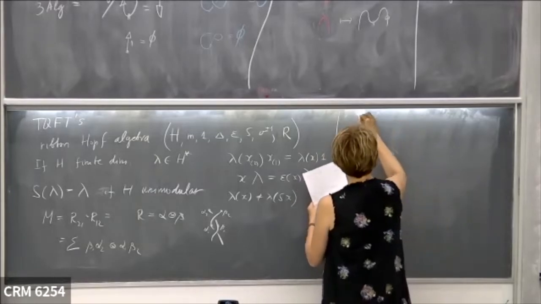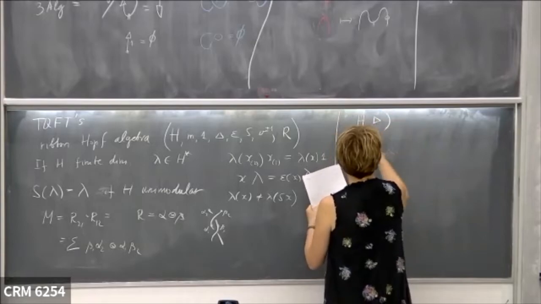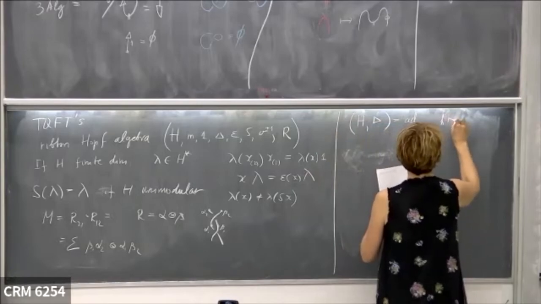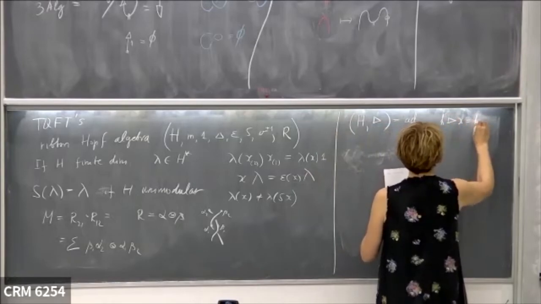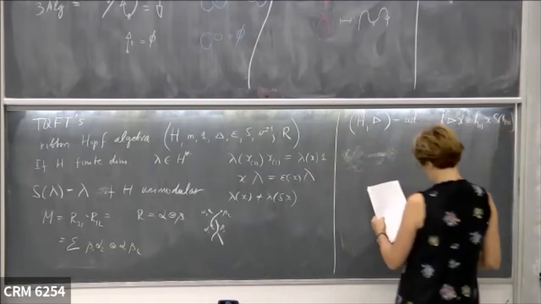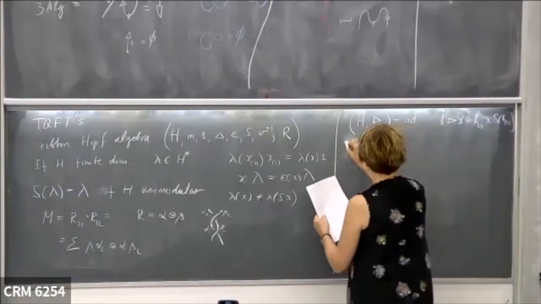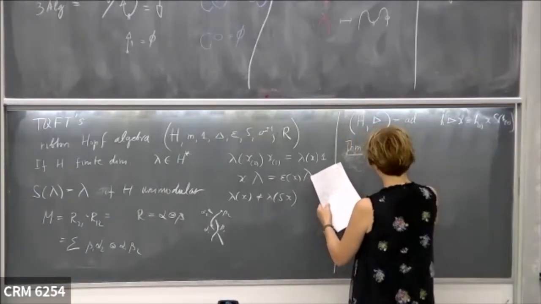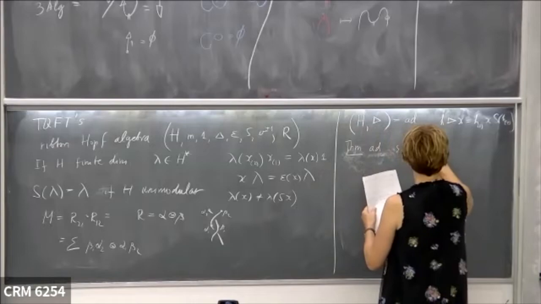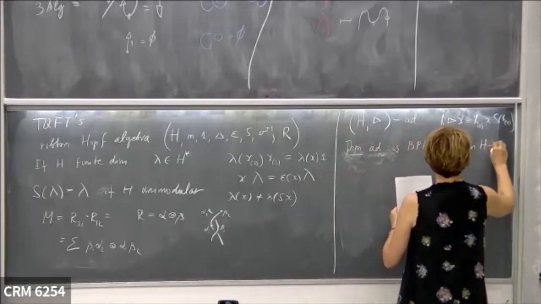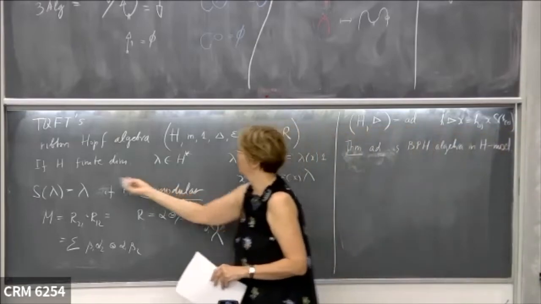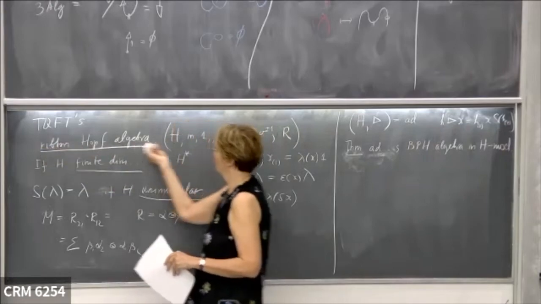And now let us consider H together with the adjoint action. So this is the so-called adjoint representation. Let me recall that the adjoint action on X means that I take H1 on the left and S of H2 on the right of X. Yes, and the theorem, which we proved with Marco, is that this ad is a Bobtcheva-Piergallini Hopf algebra in H-mod, if H is a unimodular finite-dimensional ribbon Hopf algebra.